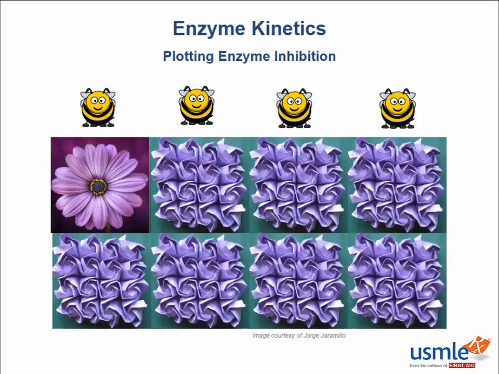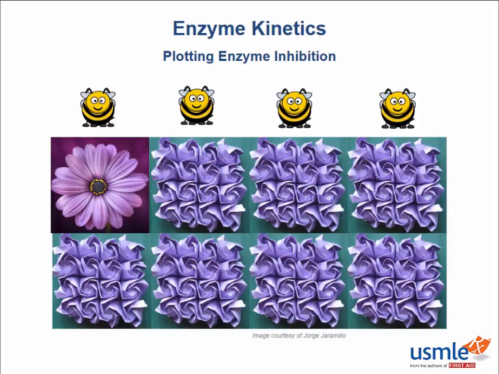They look similar to the substrate and compete with the real flowers for the bee's active site. Now, with a bunch of origami flowers around, the bees will not know which flowers are real and which are fake. The affinity of the bee for the real flower is reduced, meaning it is harder for the bees and the real flowers to meet up. As a result, less honey will be produced.